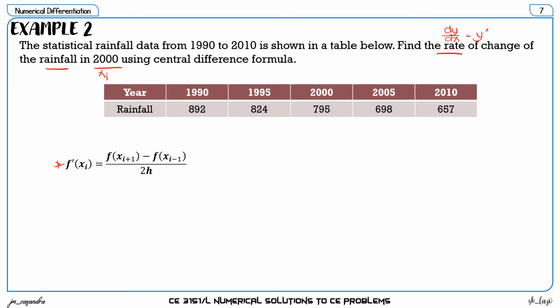And xi will be equal to 2000. So this is your value of x, this is the function of x, so 2000 is your xi. Using the central difference formula, we will need xi plus 1 and xi minus 1.